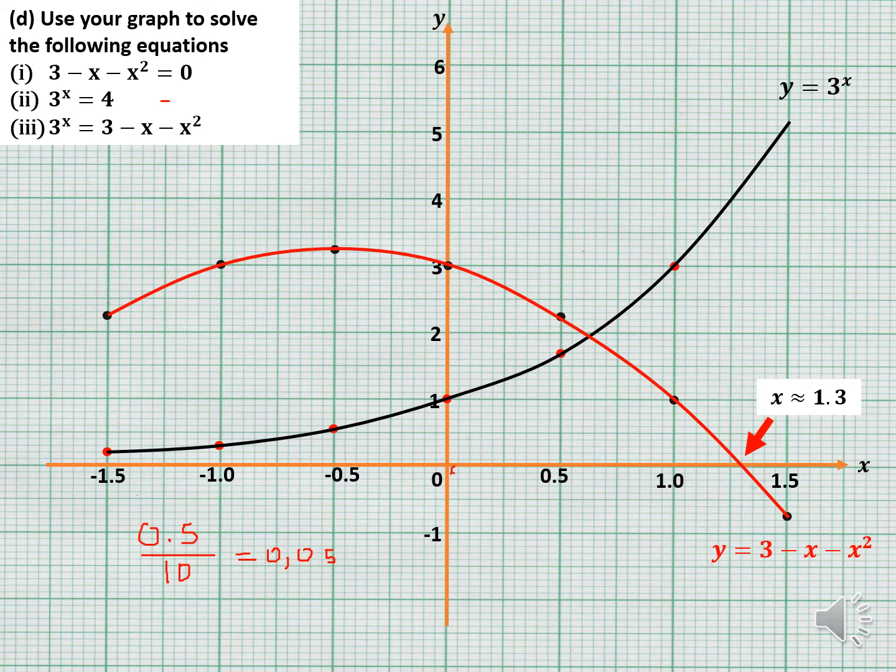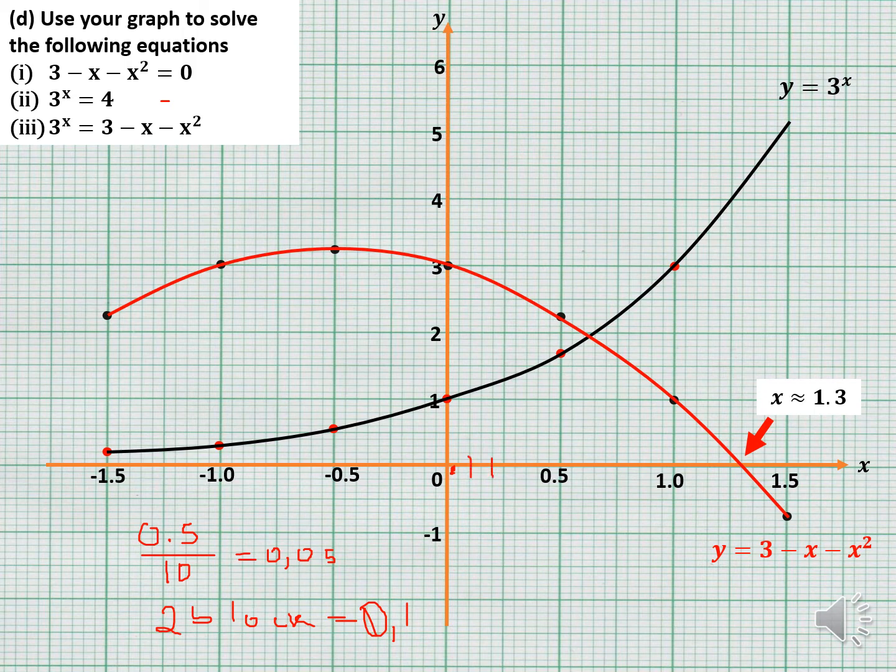One small block like this one here represents 0.05. So 2 of these blocks are equal to 0.1, because you take 0.05 plus 0.05.